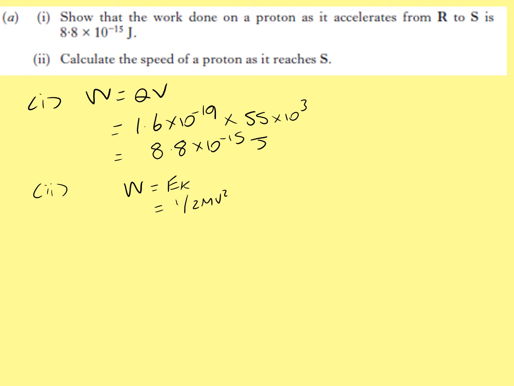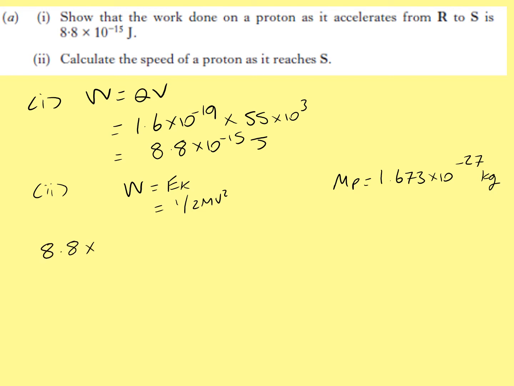It's perfectly fine at this point to substitute in, or we could do a rearrangement. But in order to do this question, we need to know the mass of a proton. The mass of a proton from the data sheet at the front of the paper is 1.673 times 10 to the negative 27 kilograms. So let's substitute that in.